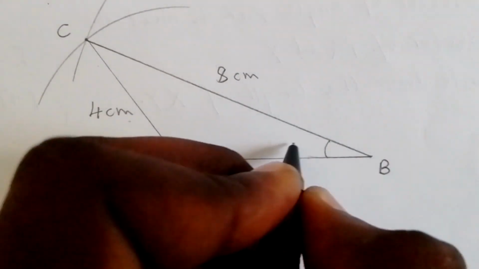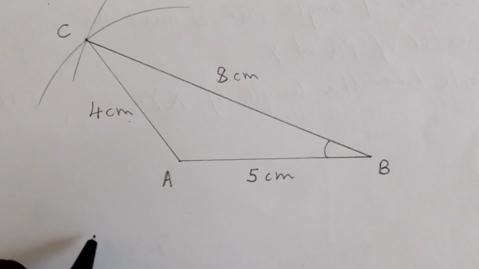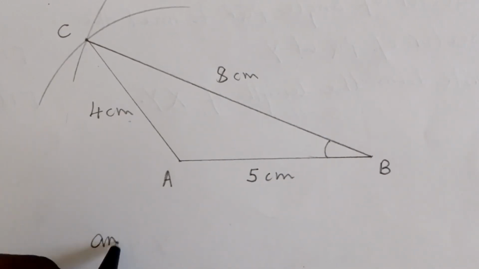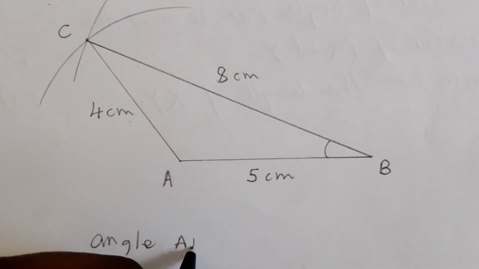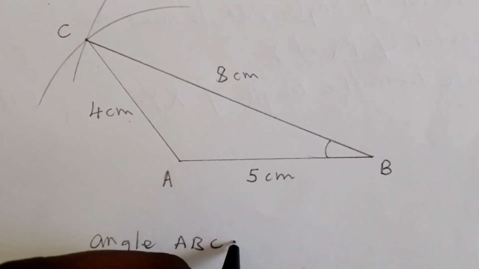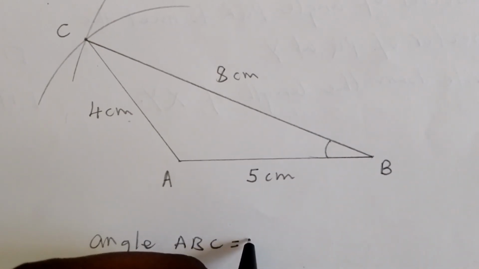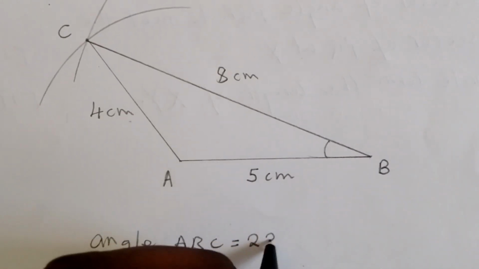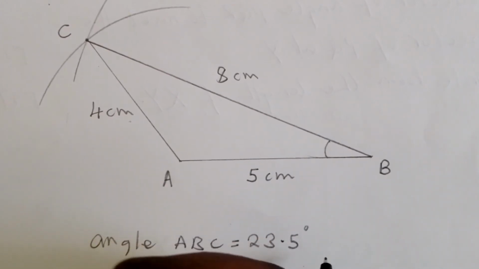So you can choose to write either here or elsewhere. You say, okay, angle ABC is equal to 23.5 degrees.